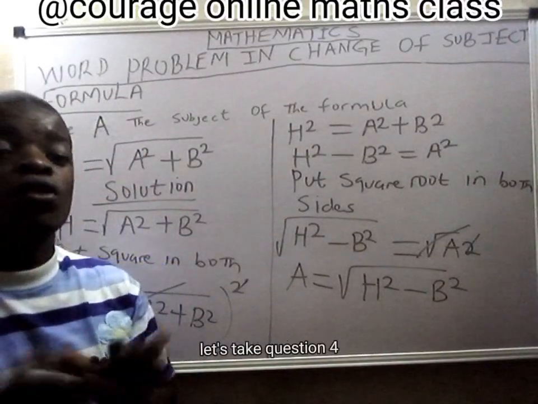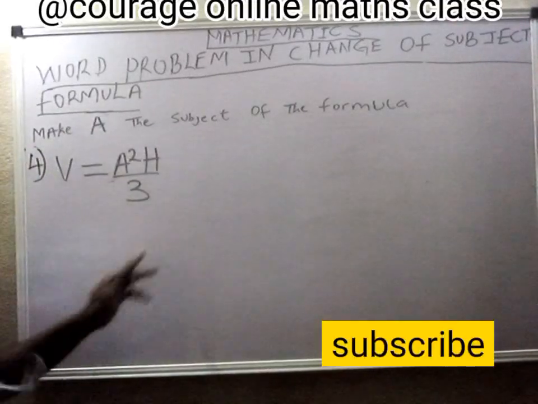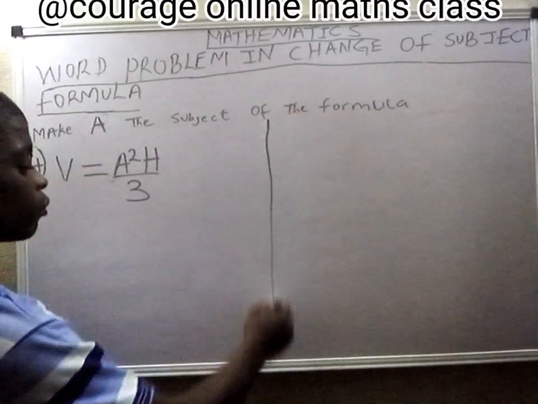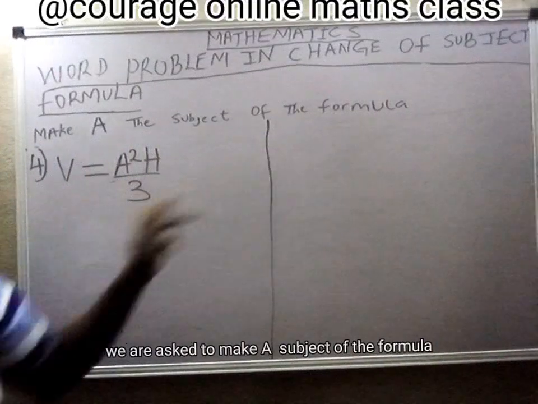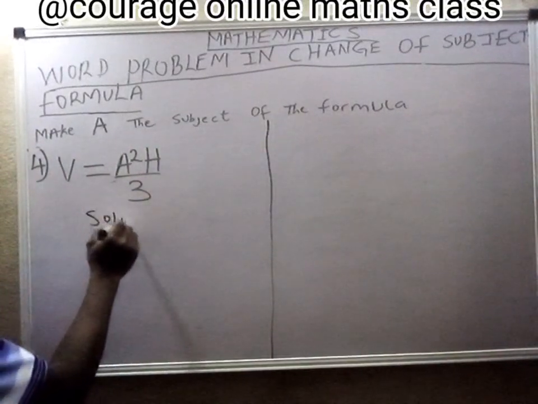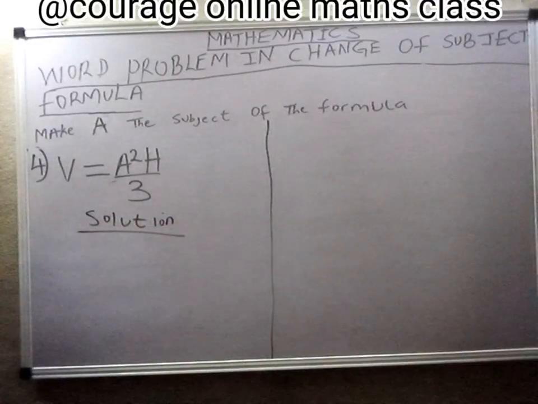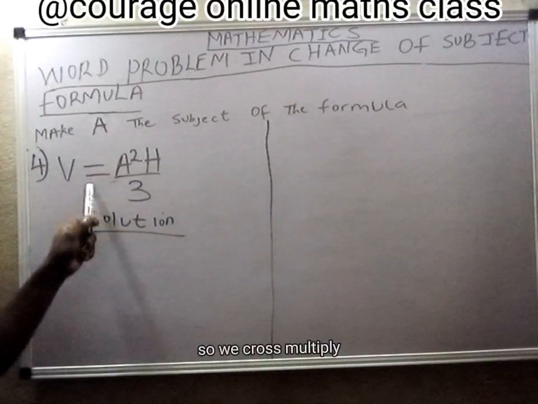Let's take question 4. In this question 4, we are asked to make a the subject of the formula. So just like the solution to this question, because we are having a fraction here, we cross multiply.